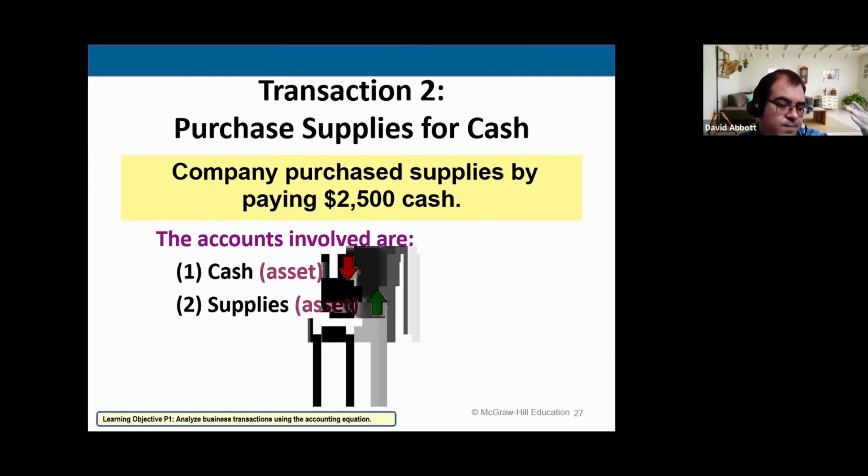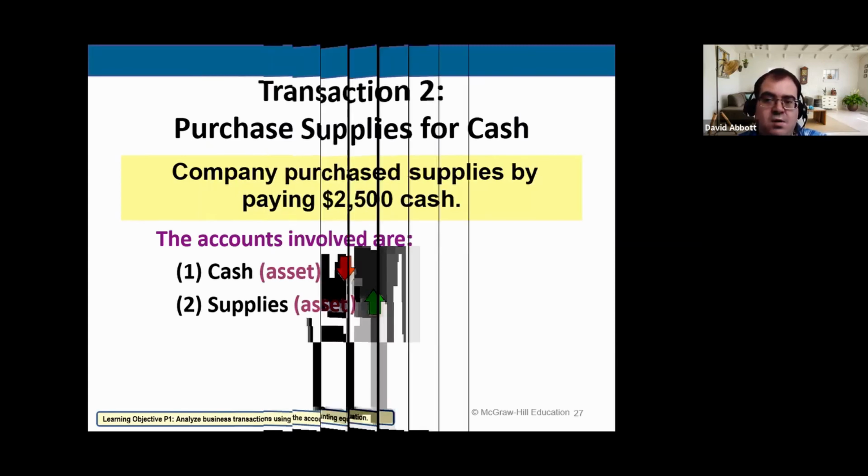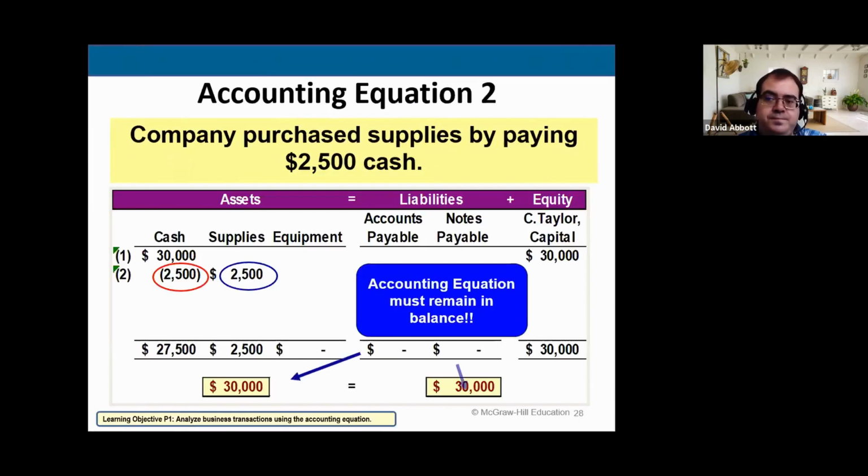And then we're going to credit cash by the same amount because we're paying out cash. But we see here, and that's okay. They're both assets, but guess what? Basically, they wash each other out, right? So we see then that both sides of the accounting equation are still in balance, because these two wash each other out. And in accounting, a negative number is denoted with the parentheses. So we see that. Okay.